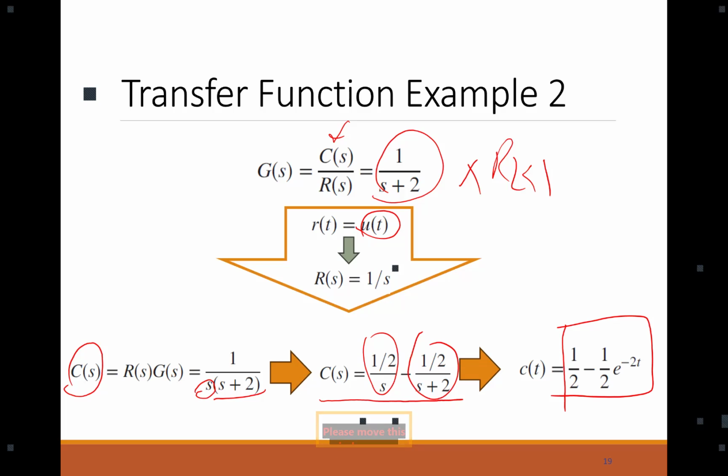When we want to analyze a circuit, normally either current is our output, or voltage is our output, or power is our output.